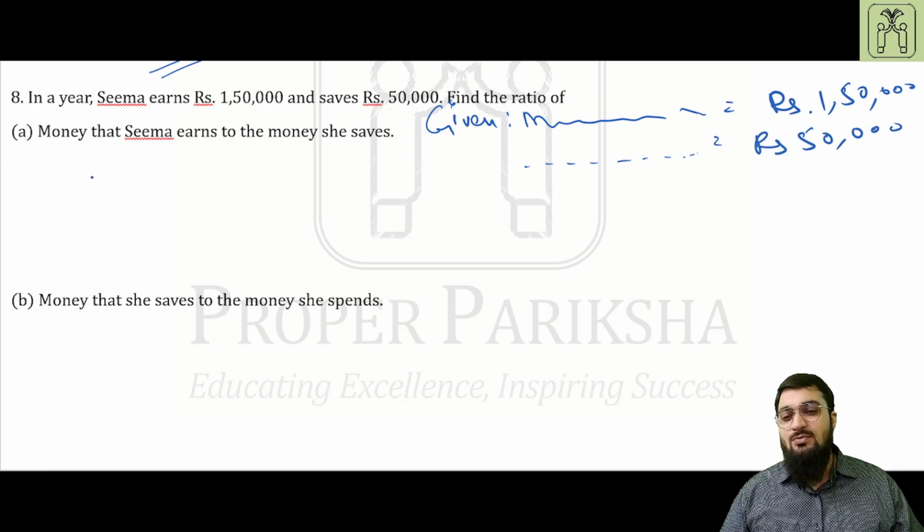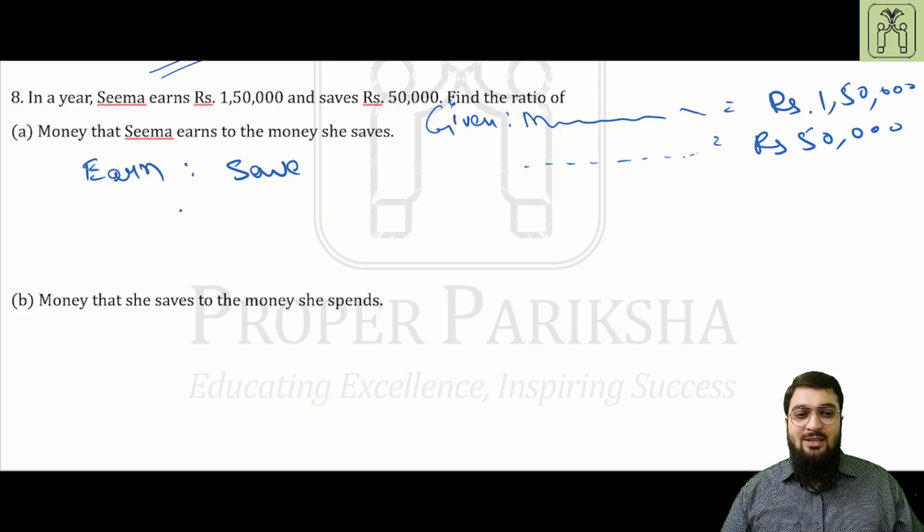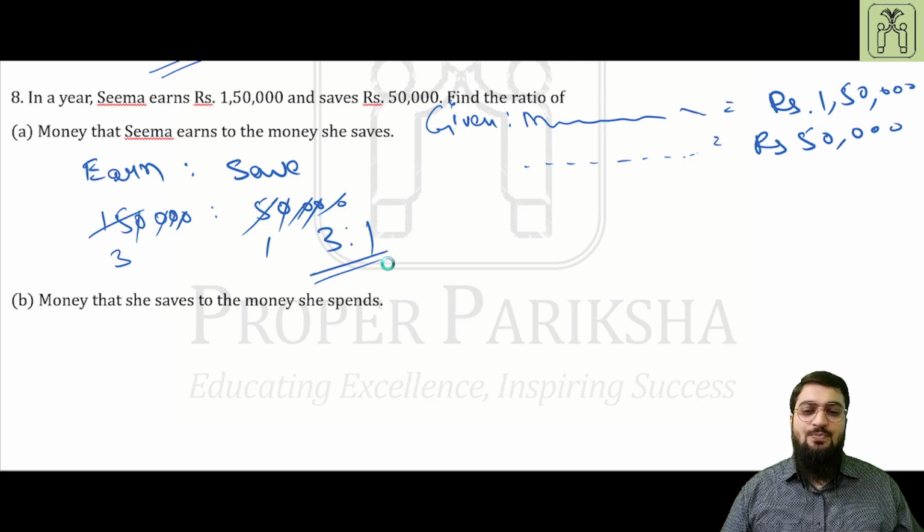Find the ratio of money that Seema earns to saves. So earn is to save, and that will be 150,000 is to 50,000, and 000 will get cancelled out, and after that 10 will also get cancelled out, 1 times and 3 times, therefore this will be 3 is to 1.